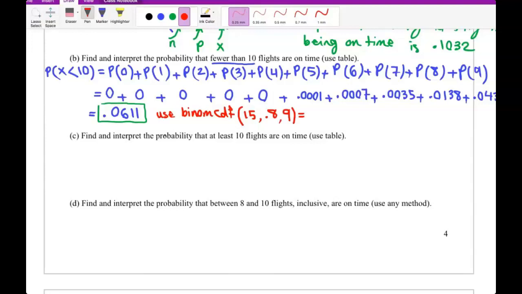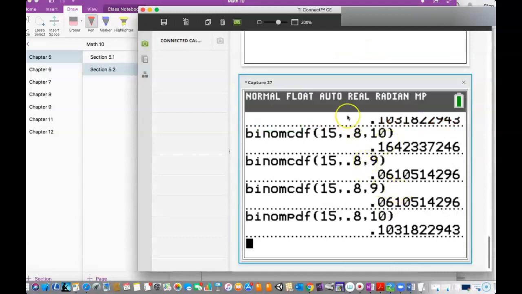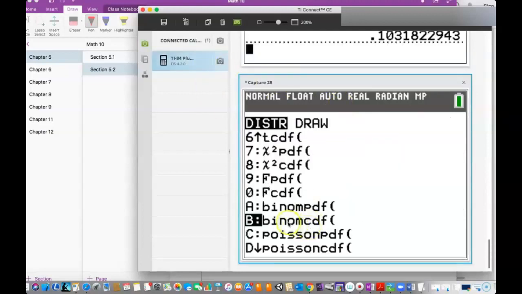So first, again, press second, vars, scroll down to find binomial CDF. Okay, here is what we have. So first I press second, then vars, then scroll down to find binomial CDF, then enter.